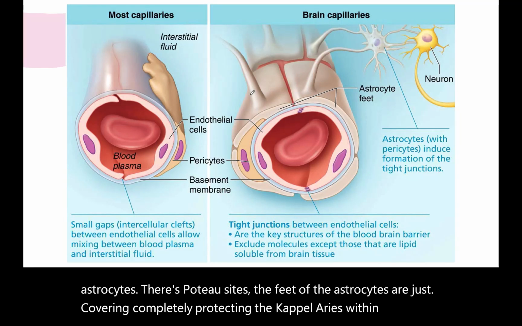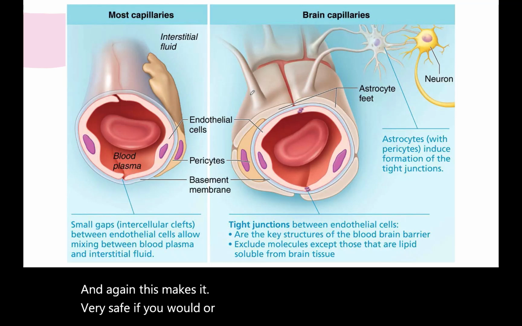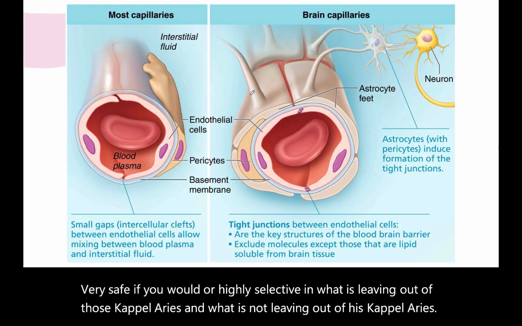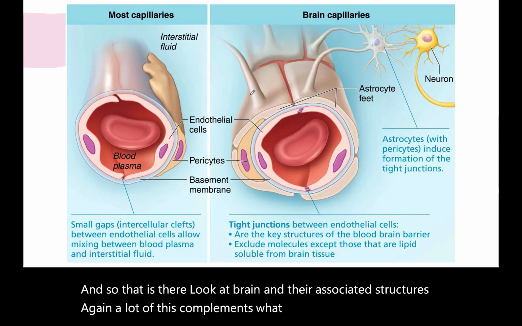And again, this makes it very safe, if you would, or highly selective in what is leaving out of those capillaries and what is not. And so that is our look at the brain and its associated structures. Again, a lot of this complements what we've already talked about in the lab.